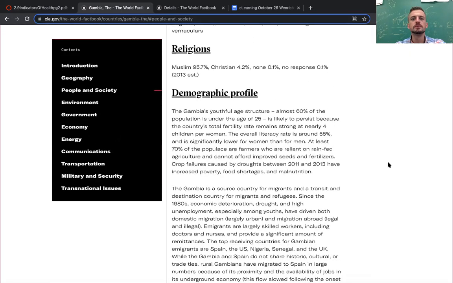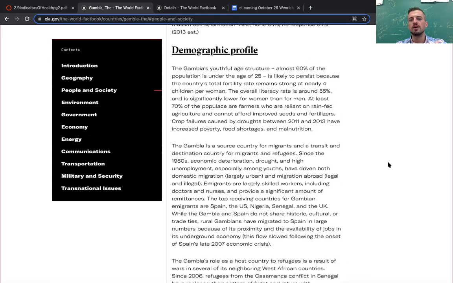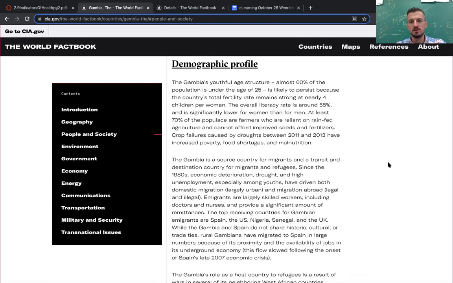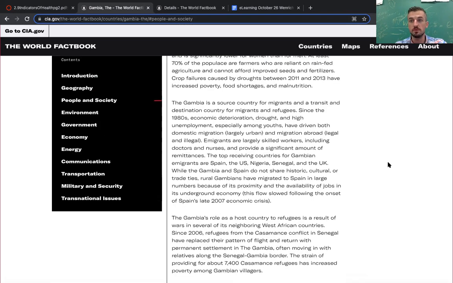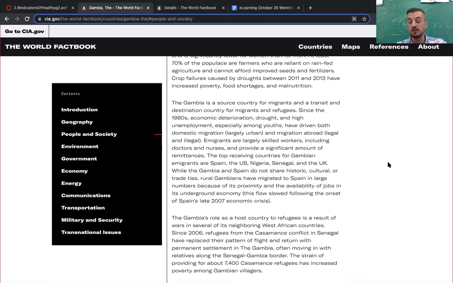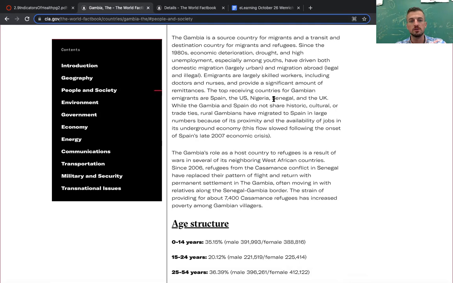Okay. Here's the demographic profile. Oh my gosh. If you just read this, your answers are going to flow. And I don't want to cheat too much because I really just want you to be a geographer, ask questions of the particular country that you're researching.